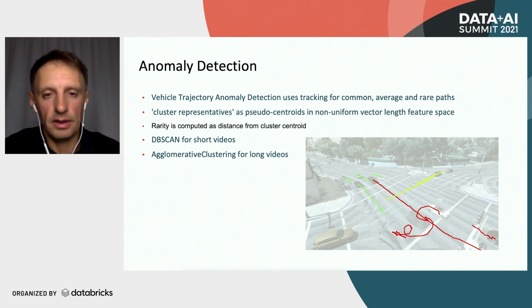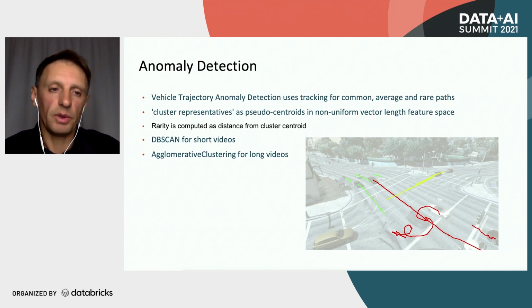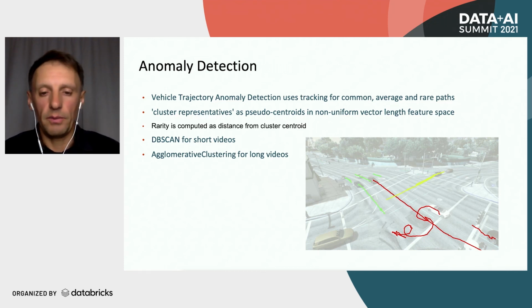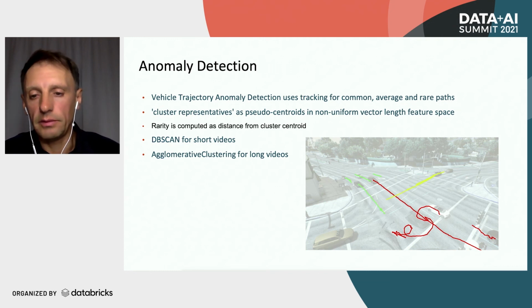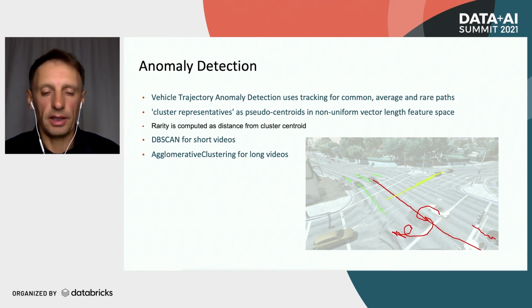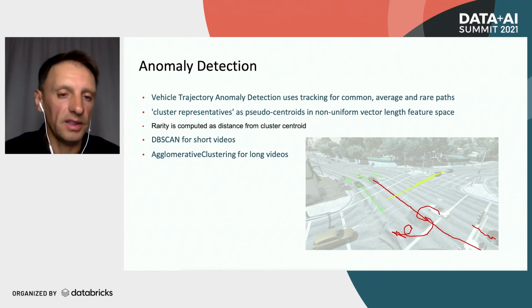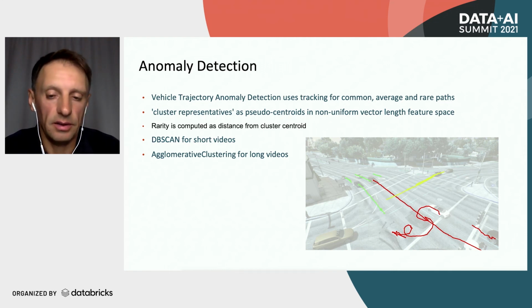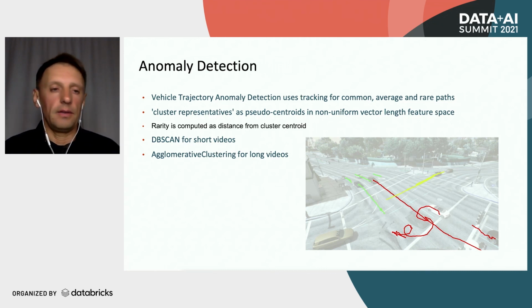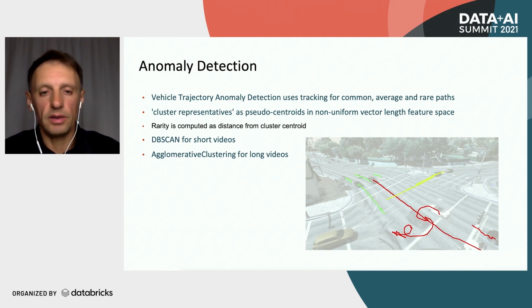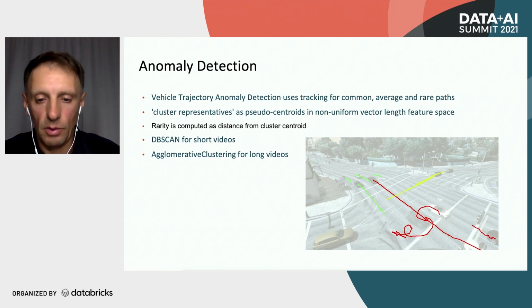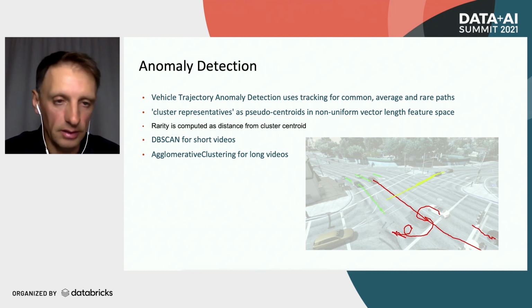I know that's a lot of words, but basically what we're doing is building all the vehicle trajectories and clustering them, and we're using DBSCAN for short videos and agglomerative clustering for long videos. Those are the clustering approaches that work better, independent of video length. And rarity is computed as distance from the cluster centroid, right? So that's how we determine what the outliers are and what the rare vehicle paths are, and that's how the donuts showed up as an anomaly.